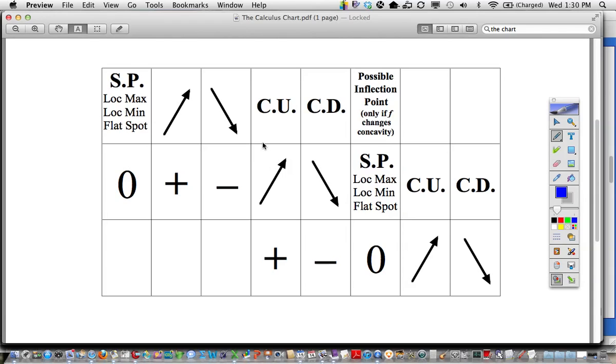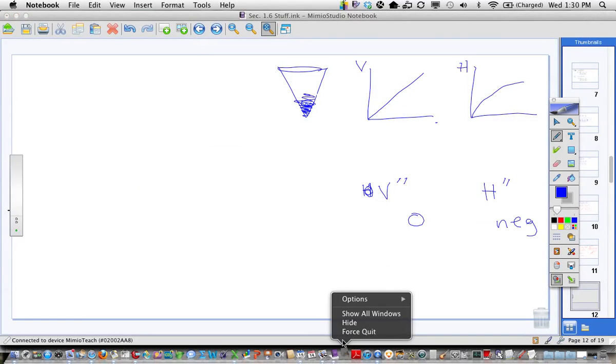Okay, all right, so I want you to look at the graph we have here, and I want to ask you a series of quick things that I think will be helpful.